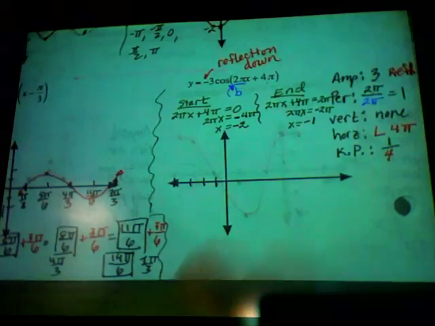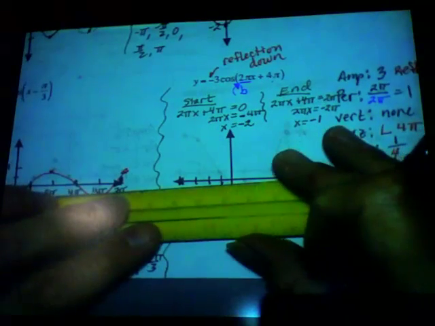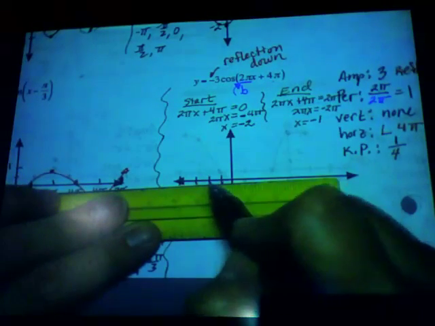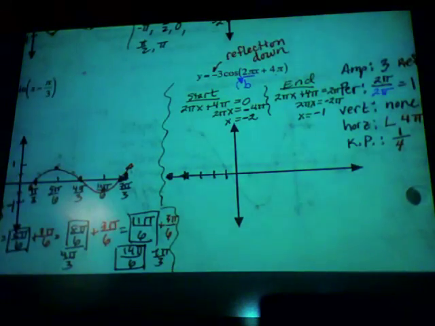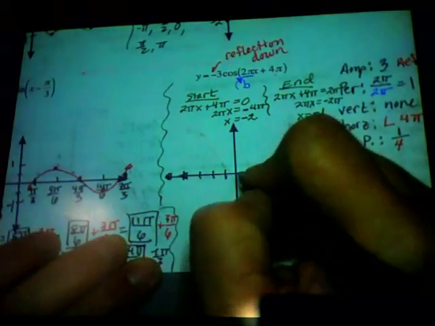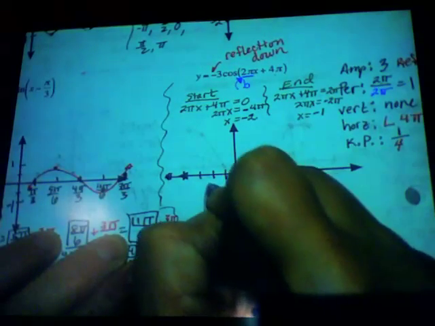So I really need to have 5 points, don't I? I'll need one more. So if this is 0, this is -1/4, -1/2. Oh wait, I wanted to start at 1, huh?